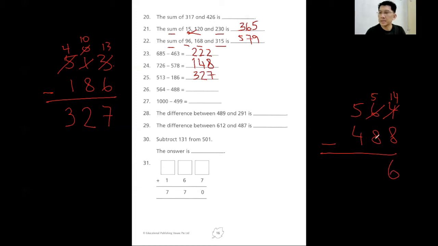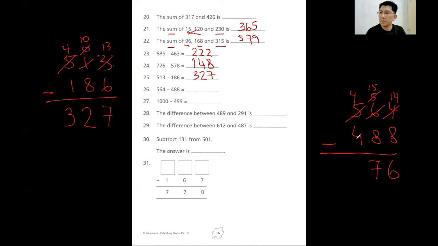5 minus 8. Again, I can't do that because 5 is smaller than 8. I need to borrow 1 from here. So 5 now becomes 4. 5 gets 10. 5 plus 10, 15. 15 minus 8 is 7.